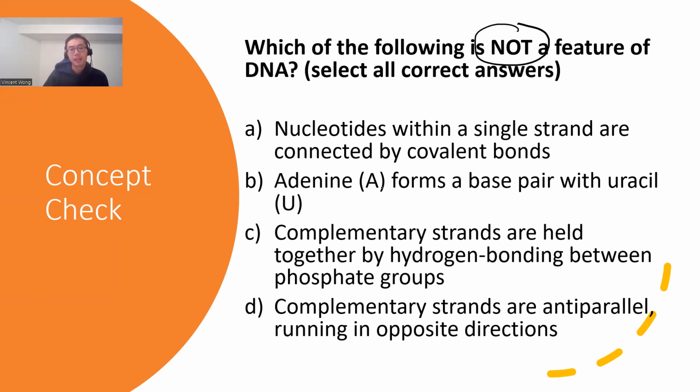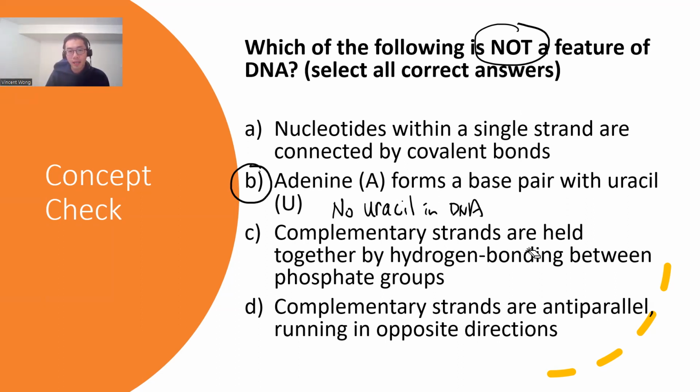Next one: adenine forms base pair with uracil. That is not correct. That's the one that we're choosing. There is no uracil in DNA. Uracil is only found in RNA. In DNA, we have thymine instead.